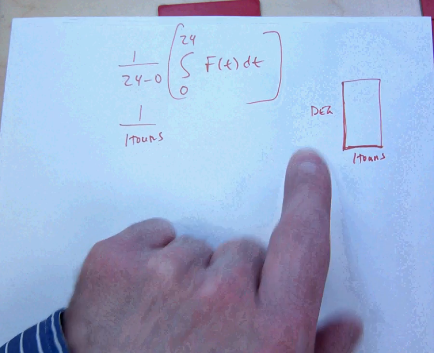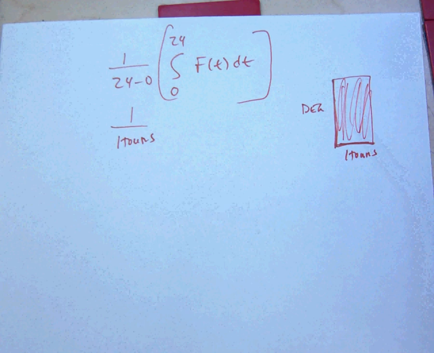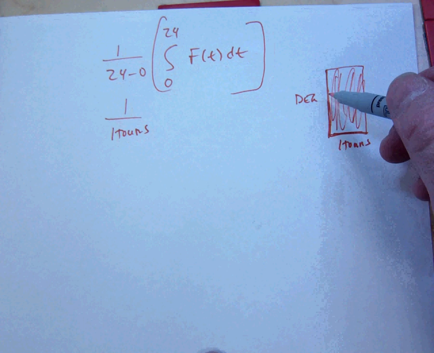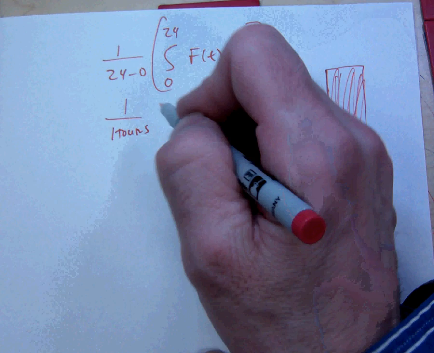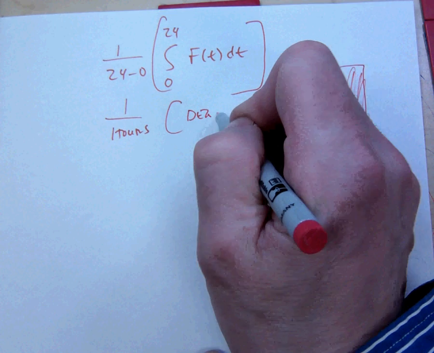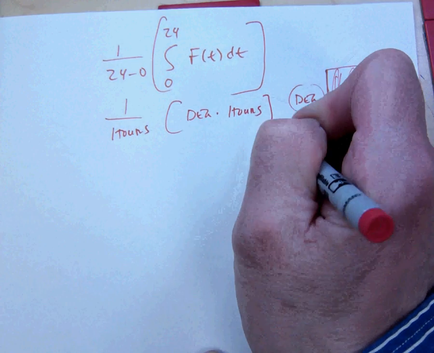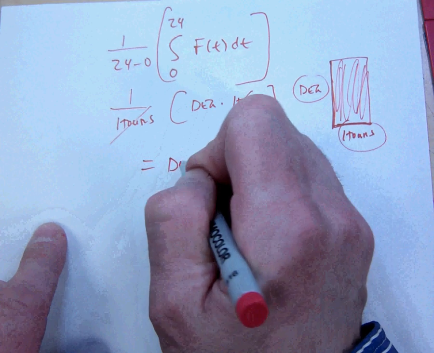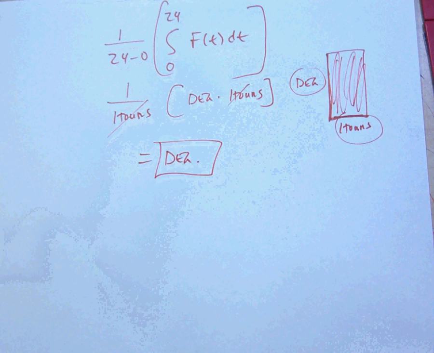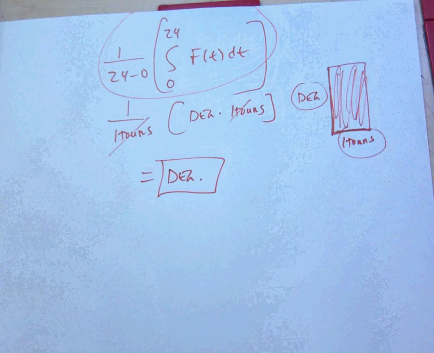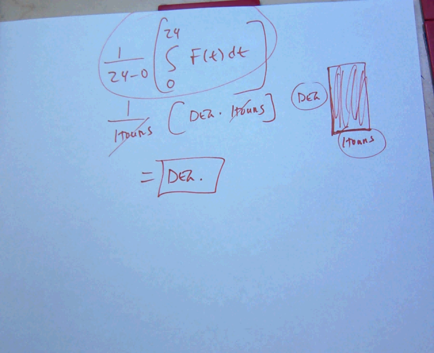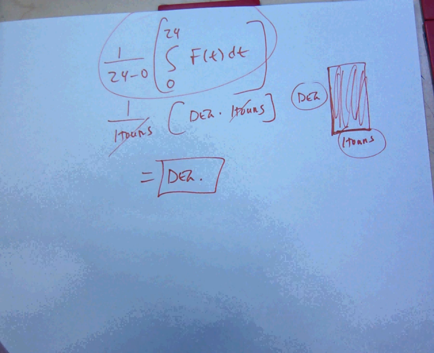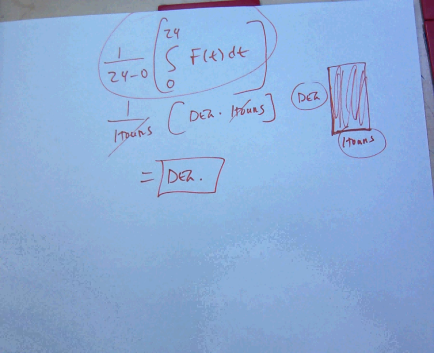And so when you find the area of one rectangle, or the whole area under the curve for that matter, the units are degrees times hours. And what is degrees times hours times 1 over hours? Degrees. So do you see another reason why the answer turns out to be just degrees? Yes? Okay, you guys learned a ton today. And again, this is not easy stuff, I understand.